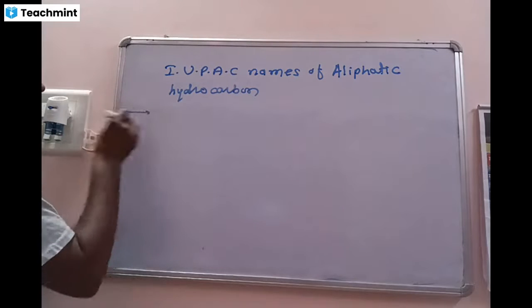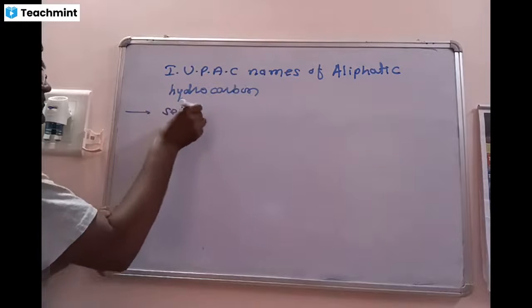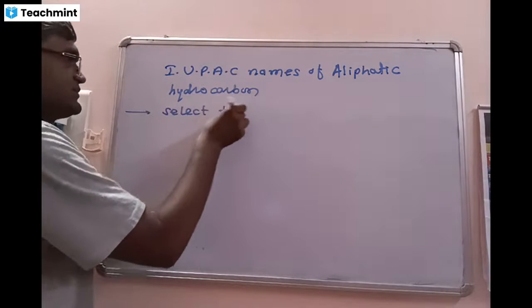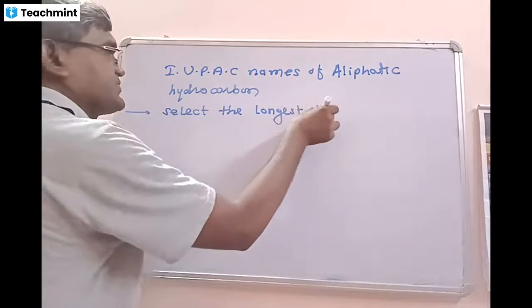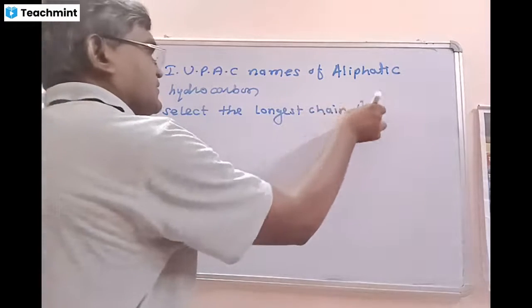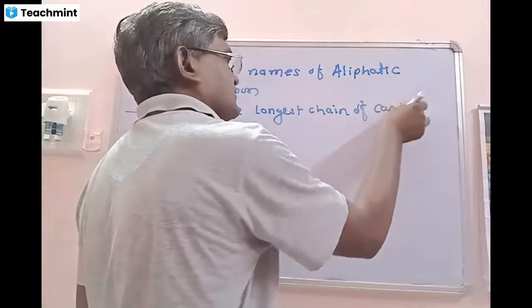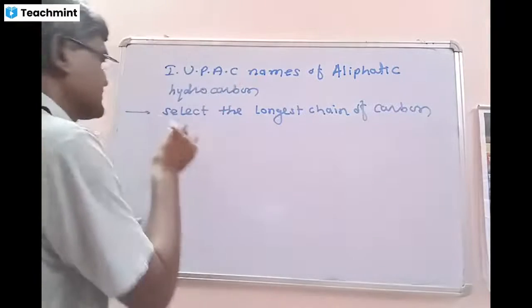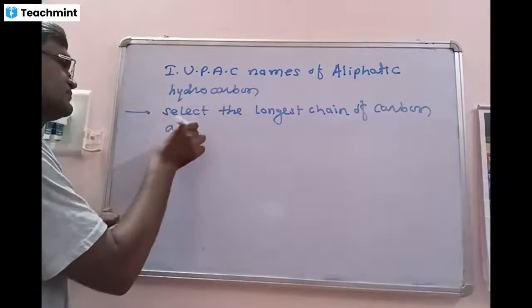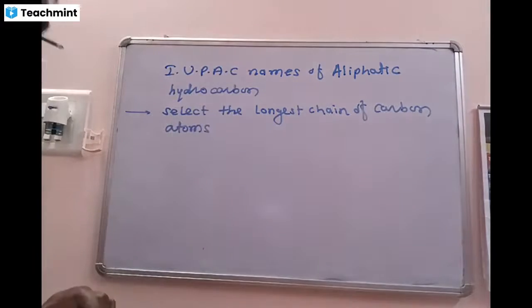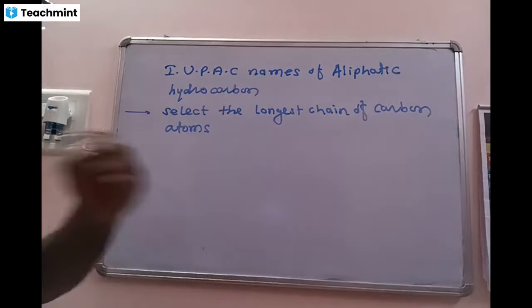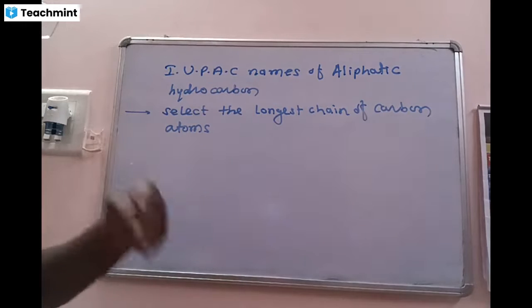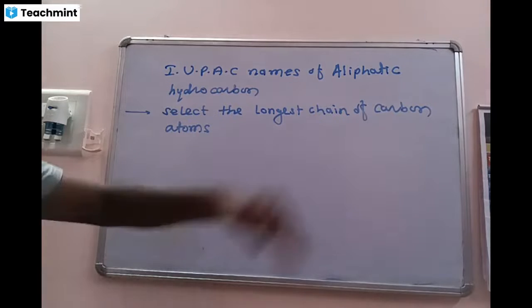For that, we'll select the longest chain of carbon atoms, a straight chain of carbon atoms that should have the maximum number of carbon atoms. If there is no side chain, then you can go very easily.